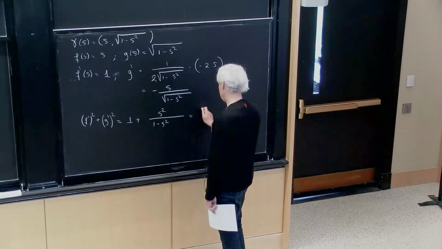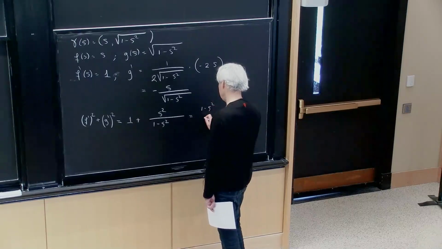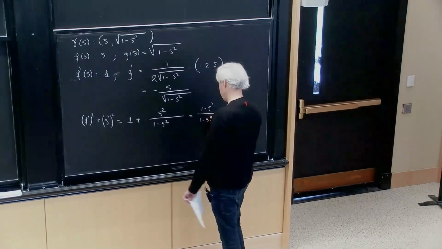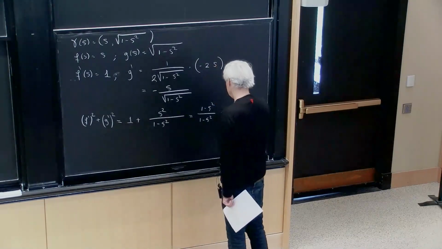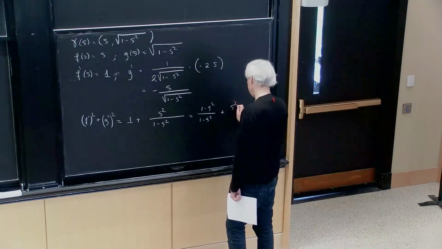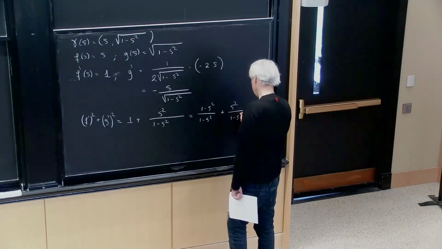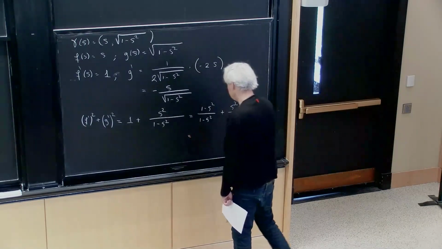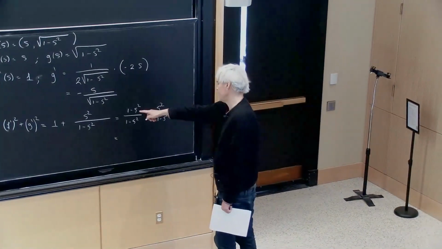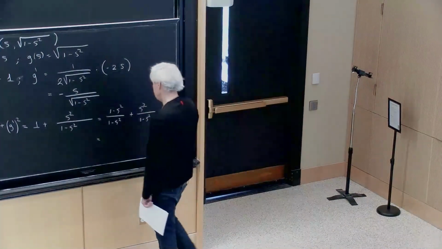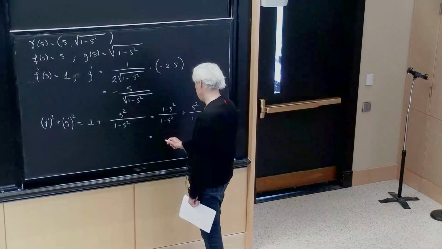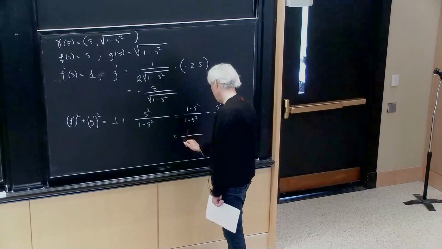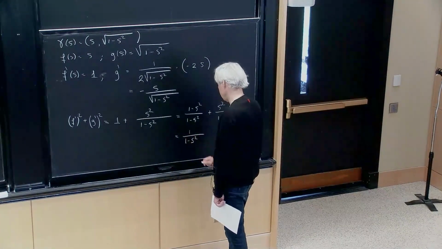And so you see that this is 1 minus s squared over 1 minus s squared, that's how you write 1, and then plus s squared over 1 minus s squared. And so you see that the s squared cancel in the numerator, and so you're getting 1 over 1 minus s squared, right?